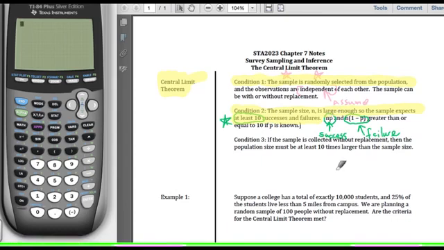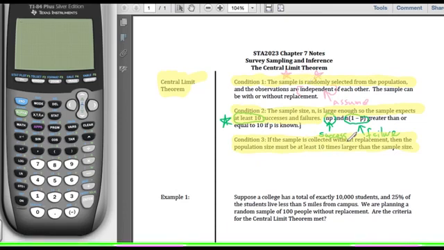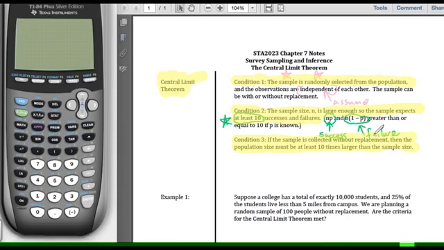The third condition is noted in our text. It says if the sample is collected without replacement, then the population size must be at least 10 times larger than the sample size. We're not going to focus in on this one for a couple of reasons. Reason number 1, a lot of times we don't know if the sample is done with or without replacement. That information is not given to us.